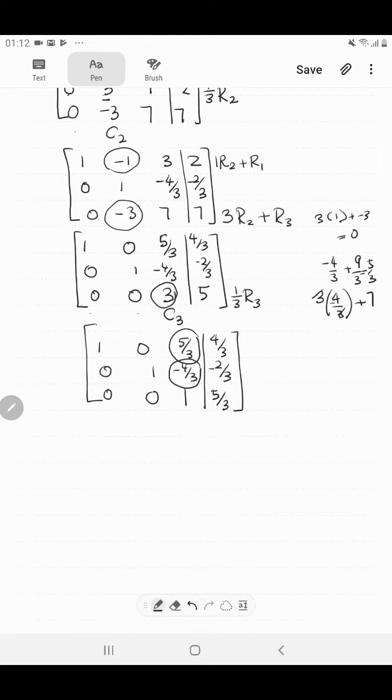So the number that you need to counter negative 4 over 3 will be positive 4 over 3 using row 3, and you add to row 2.